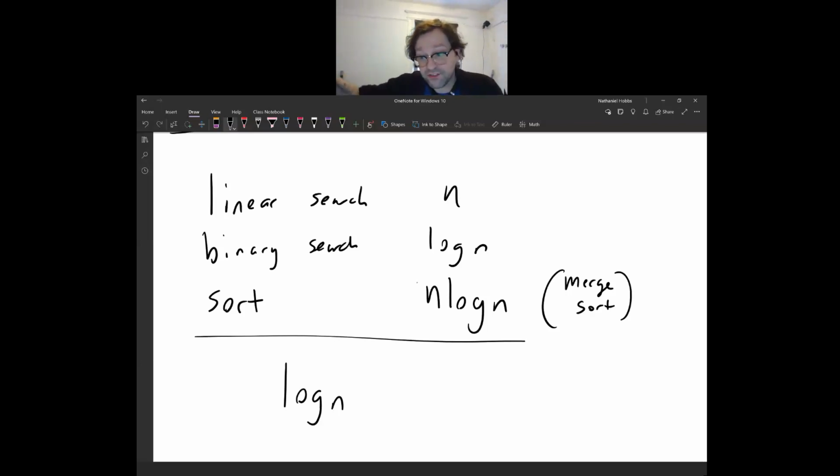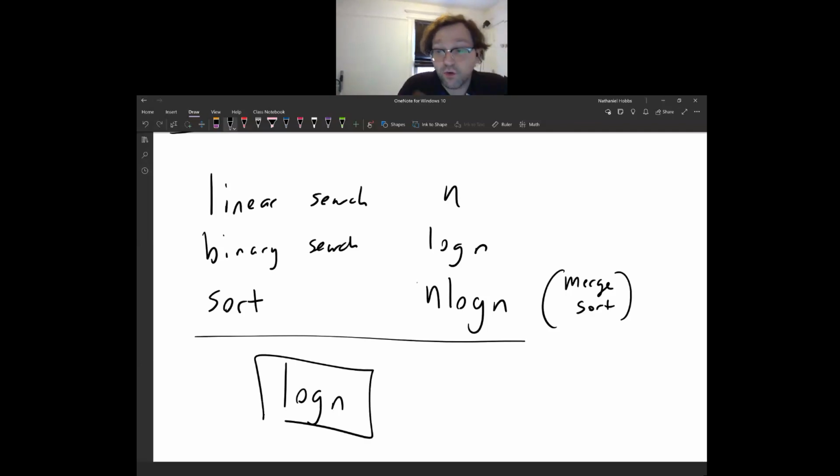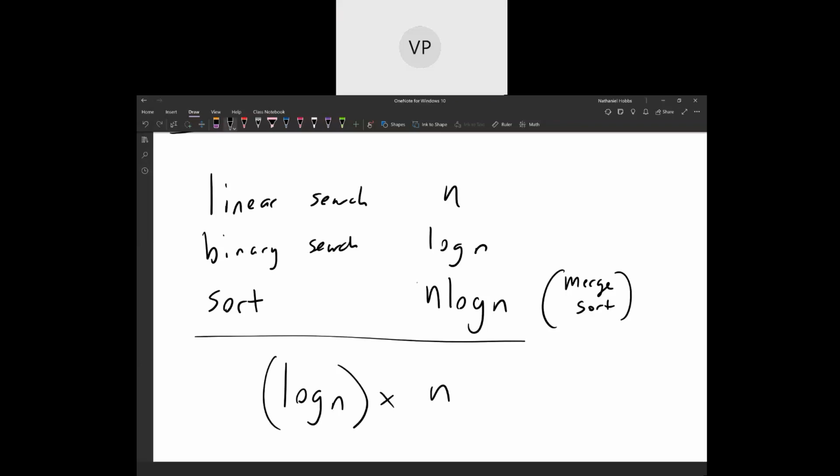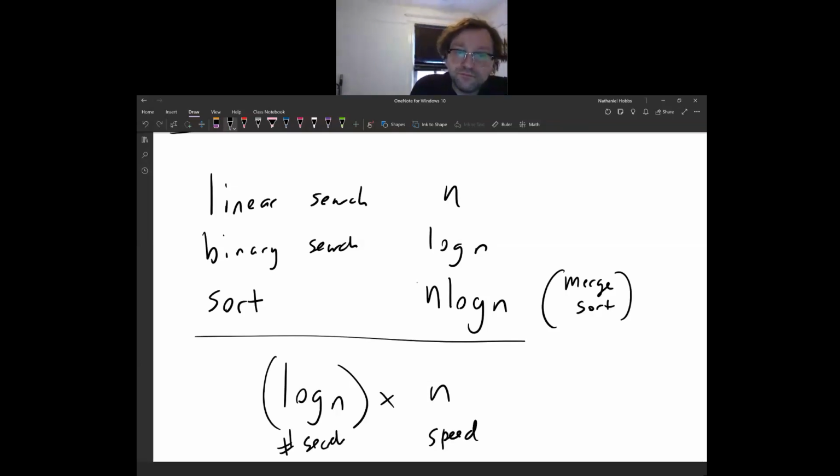search. Because if you're searching for something log n times and you're using a linear search, each one of those times is going to take time n. So the total amount will be log n times n: this is the speed of the algorithm, and this is the number of searches. So now you've already used n log n time.